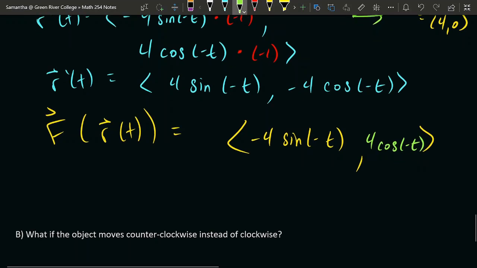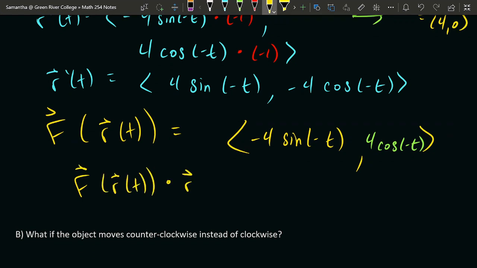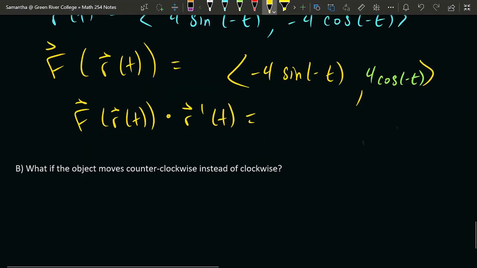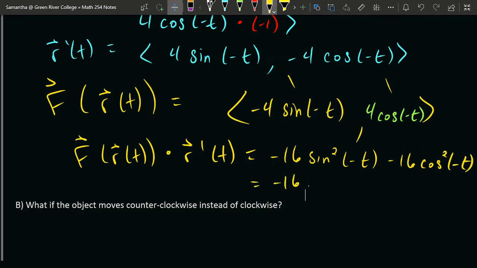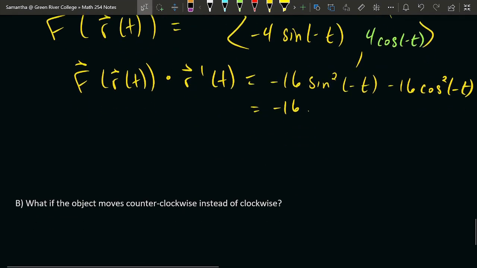Now for a vector field, we're going to need to take the dot product of the force field with this velocity vector to see the degree to which they align. And if I calculate that product, it looks like I'm getting negative 16 sine squared of negative t and negative 16 cosine squared of negative t, which simplifies to negative 16 by the Pythagorean identity.